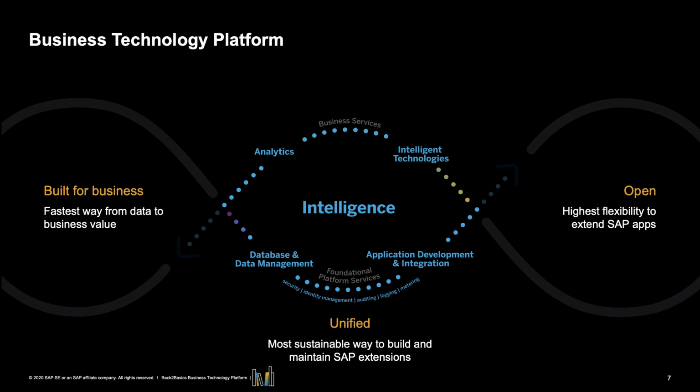It includes database and data management, application development, integration and analytics, as well as intelligent technologies, from on-premises to the cloud. The Business Technology Platform helps companies connect processes and experiences, decide confidently with integrity, and perpetuate continued business innovation.